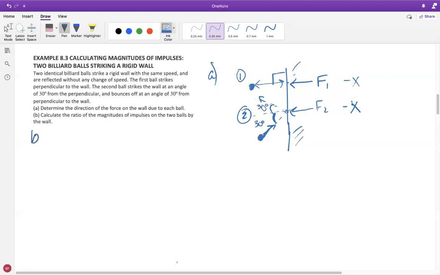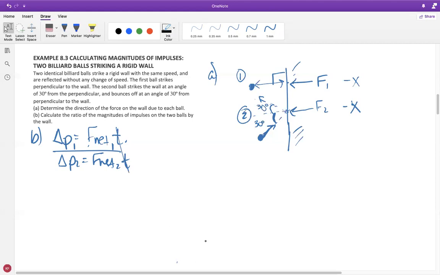So we remember that impulse was the change in momentum. So it is the F net times time, okay? And if we are looking at the ratio of magnitudes, we can ignore time, because if this is the first one divided by the second one, the times don't really matter, okay?